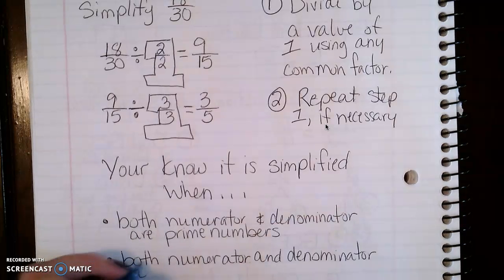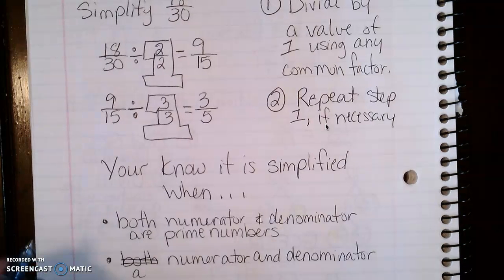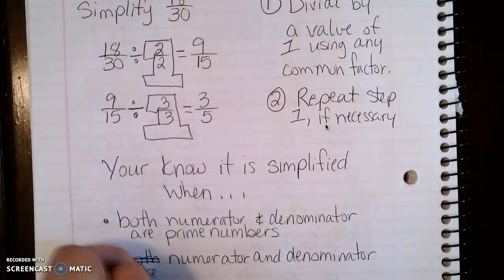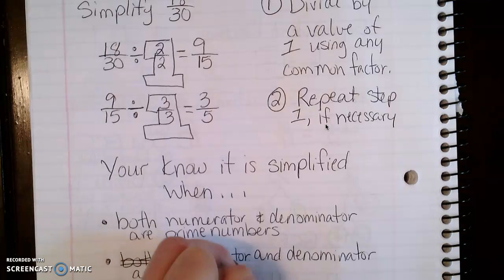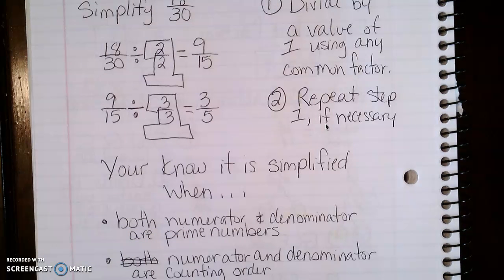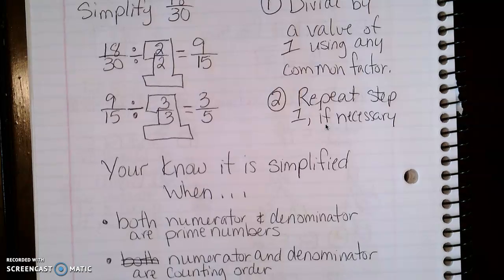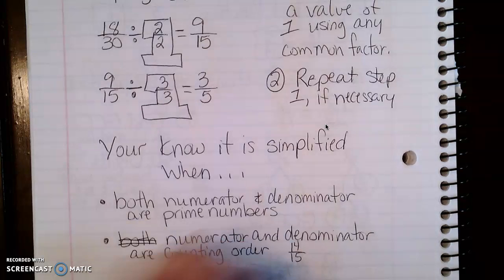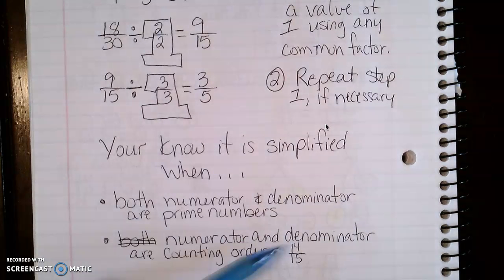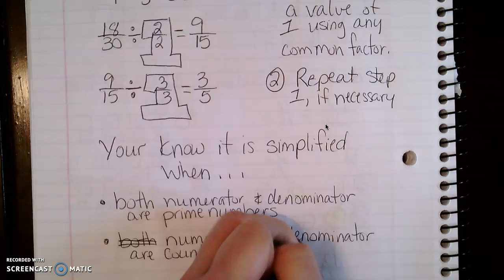Actually, it shouldn't be both. It's just when the numerator and denominator are in counting order. So like in the order that you count. So for instance, if I had 14/15, when I count I go 13, 14, 15.